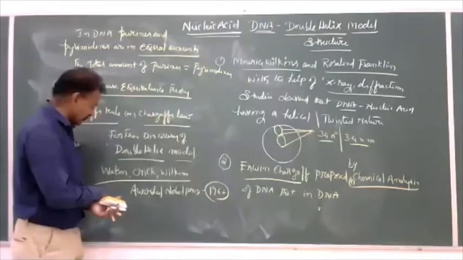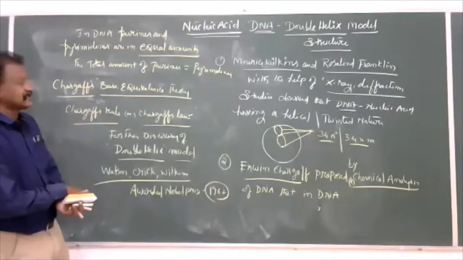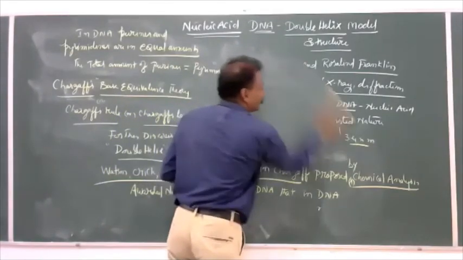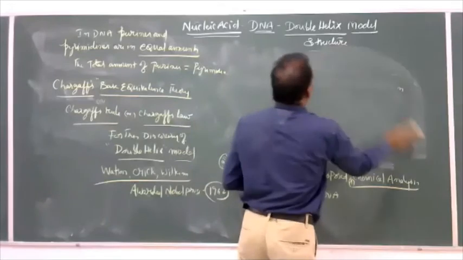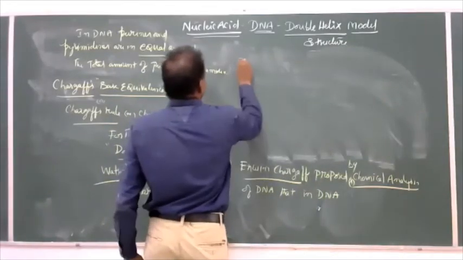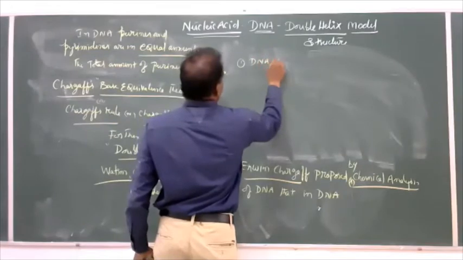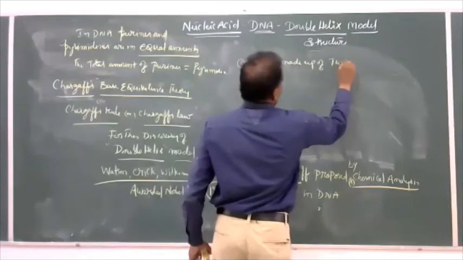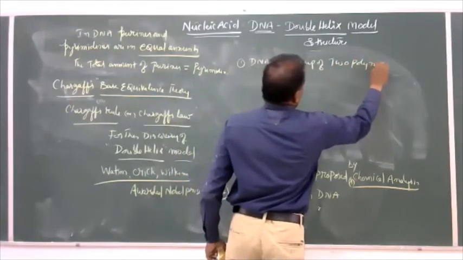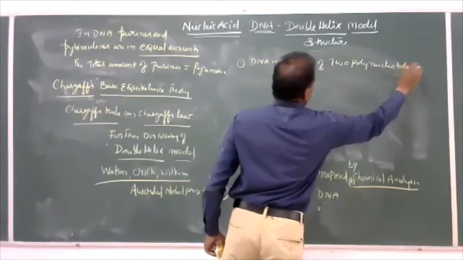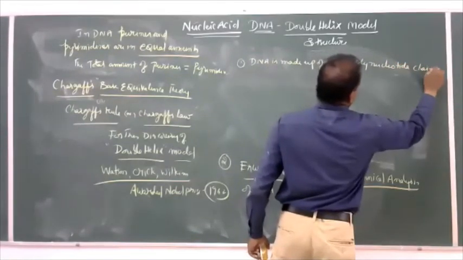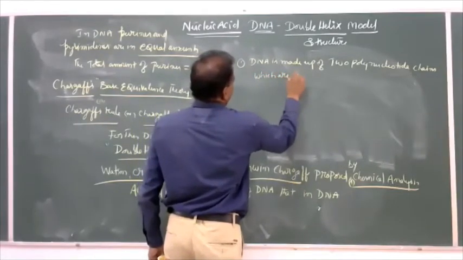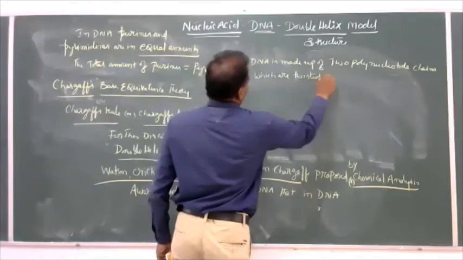And this famous DNA double helix model says that DNA is made up of two polynucleotide chains which are twisted together.